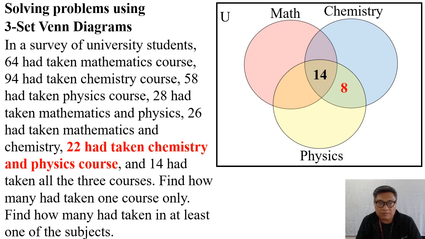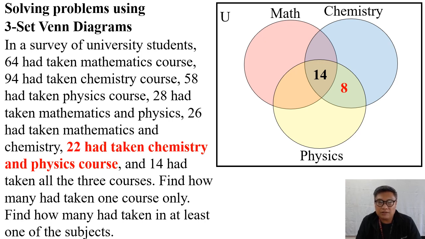So between chemistry and physics, we have 22, but then we already have 14 here, so we need to subtract 22 minus 14, so the remaining 8 will be put here, indicating that this is the number of students who had chemistry and physics, but they don't have math. While the 14 here had chemistry and physics, however, they also have math subjects. But still, they have chemistry and physics.